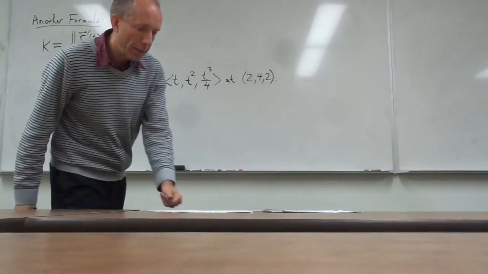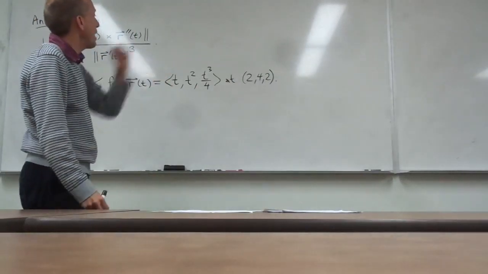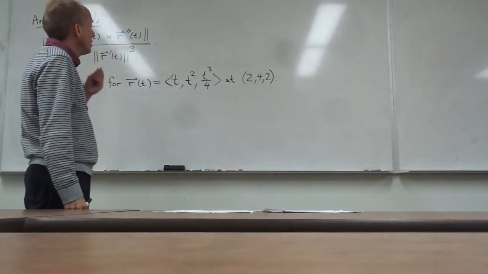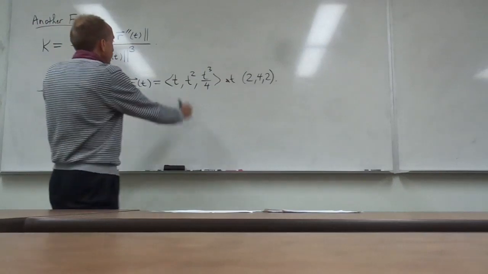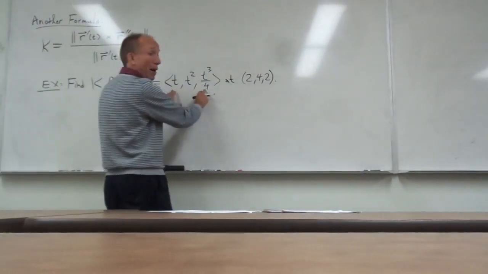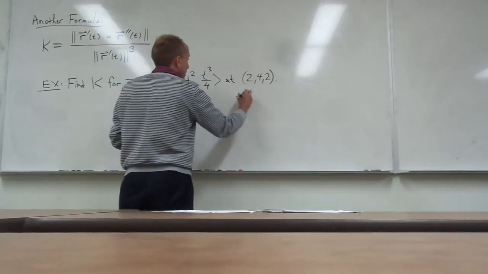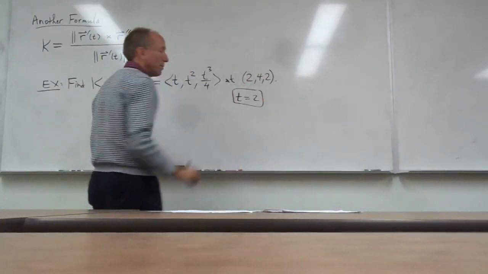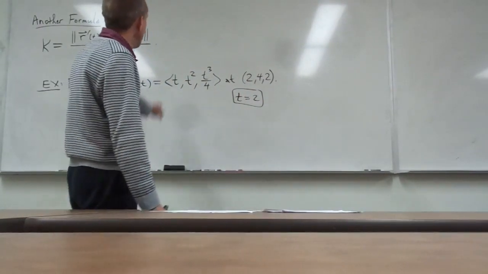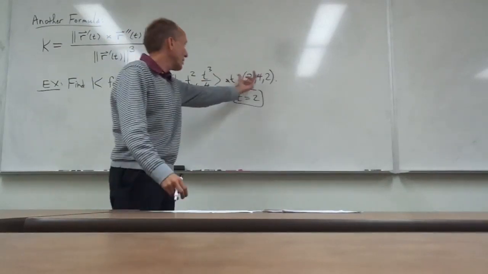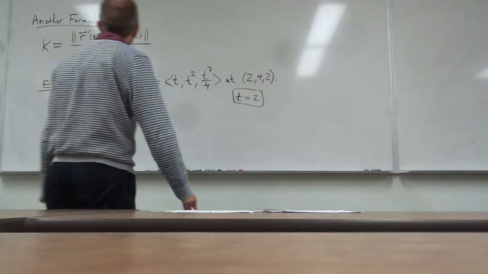Find the curvature along this curve at that particular point. By the way, if you compare the position vector with the point, you'll see that the time we're talking about is actually t equals 2. If you plug in 2 for t, you get exactly this point right here.